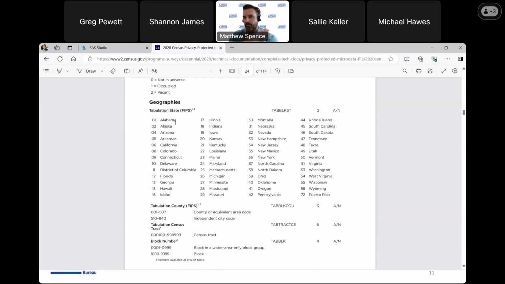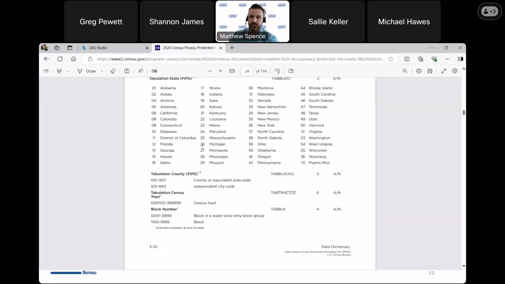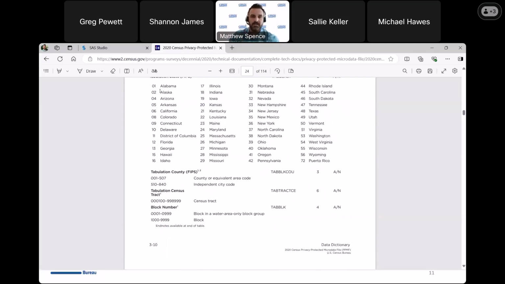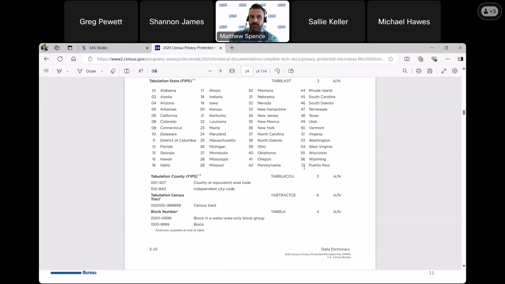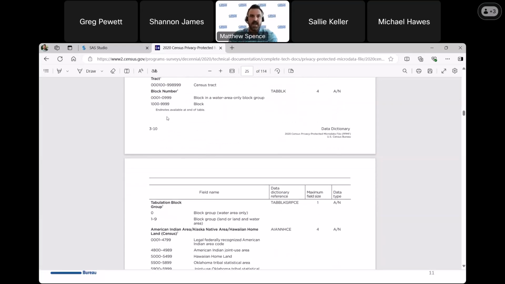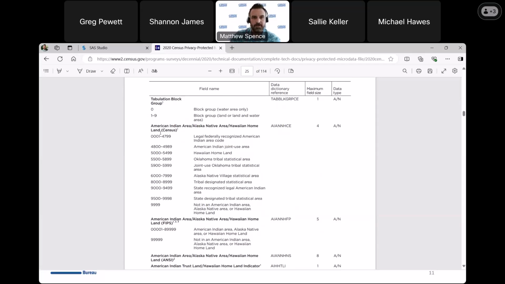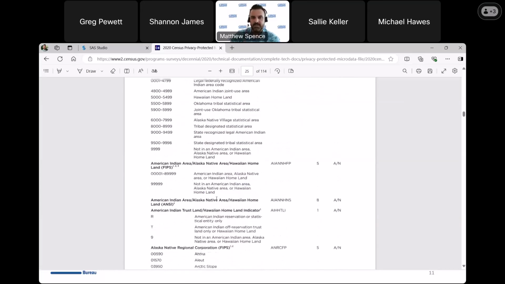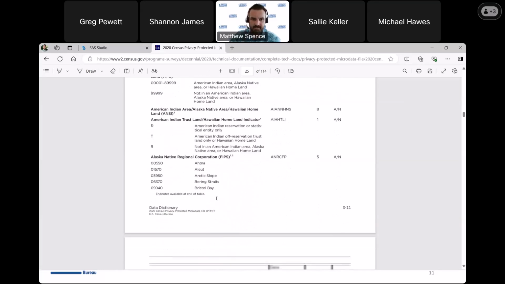All of these will be on both. These are the tabulation state FIPS codes, including Puerto Rico. Tabulation county is right there, tab block, census tract, block number, block group, American Indian area, Alaska Native area, Hawaiian homeland, etc. Lots of great data available.